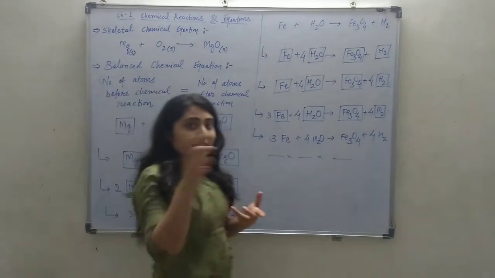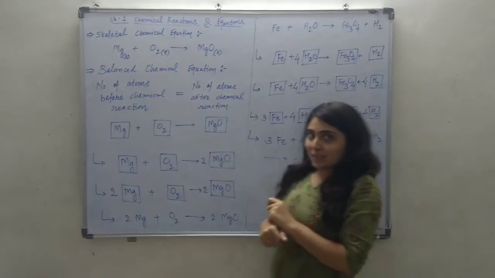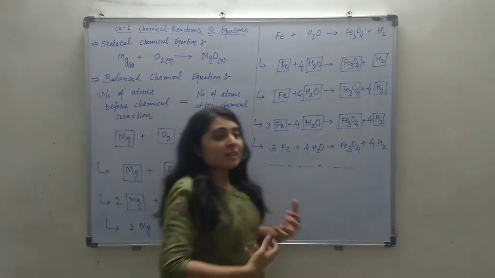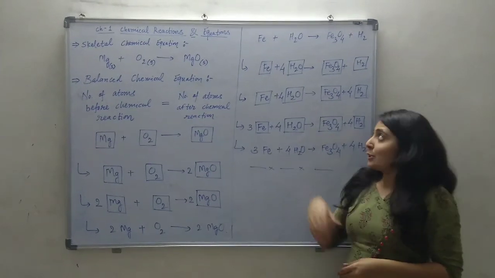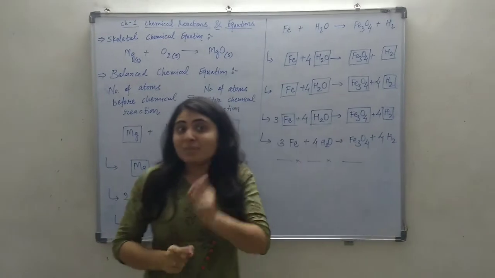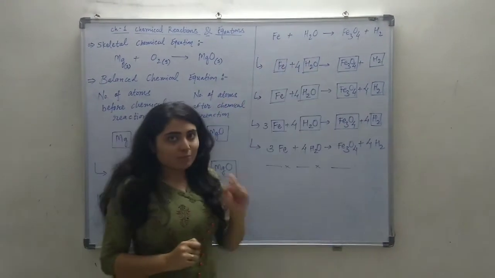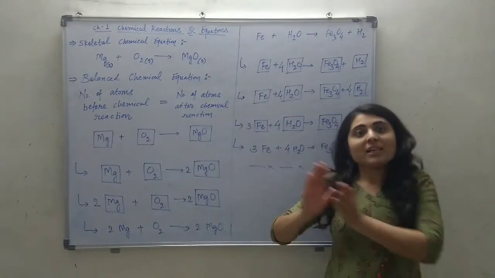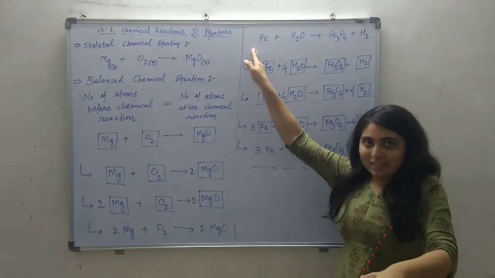So we need to balance iron and oxygen numbers. What do we balance first, iron or oxygen? Doesn't matter. We can balance any atom first and then the other. But remember, the atoms which are in elemental form, like Fe is in elemental form, not in compound form, we keep at last because we can balance it by putting any number in it.